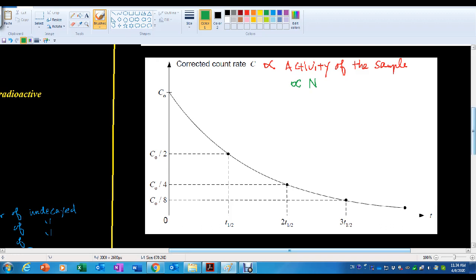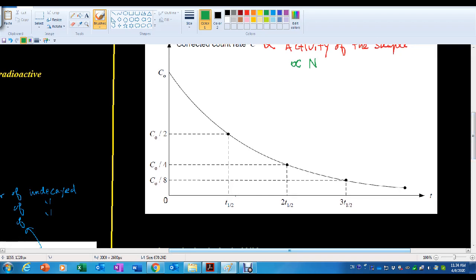That's why the shape of the curve is the same, and the drop after each time interval will be the same. The percentage of the drop is always 50% from the amount one half-life earlier.